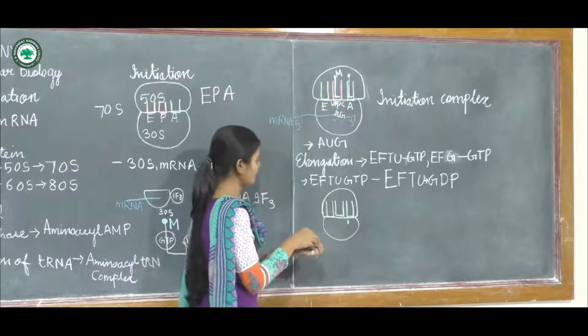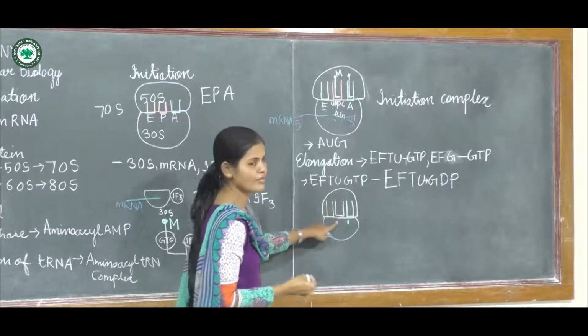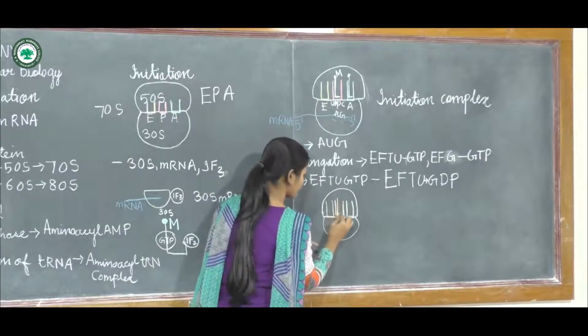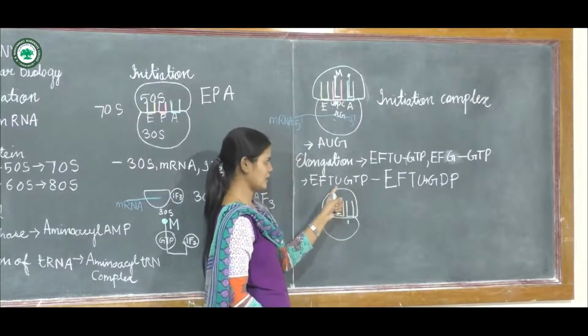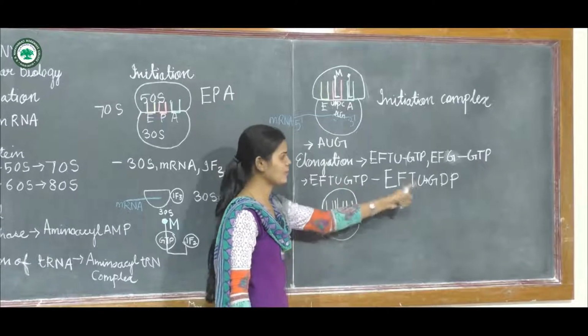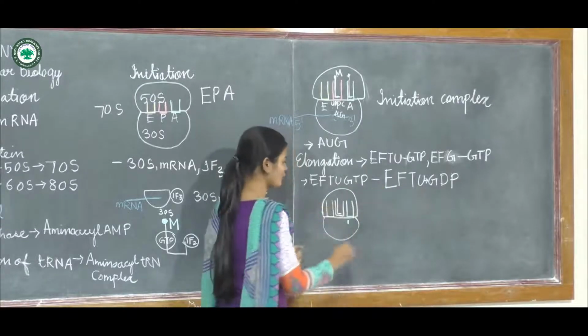Already in the P site there is presence of initiator tRNA, and now as the EF-Tu GTP is converted into EF-Tu GDP, what will happen?